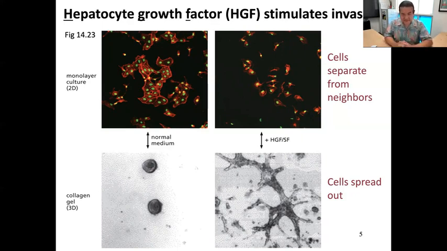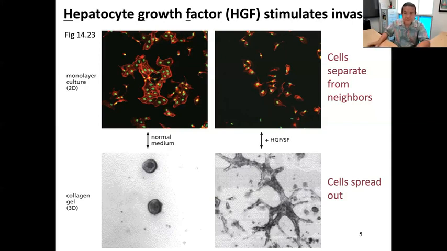Originally, hepatocyte growth factor was identified in liver cells. So the researchers who first identified it called it a liver-specific growth factor, right? Hepatocyte growth factor. Now, of course, we realize many years later that HGF is actually used by many different types of cells in the body, not just liver cells, but the name still sticks.